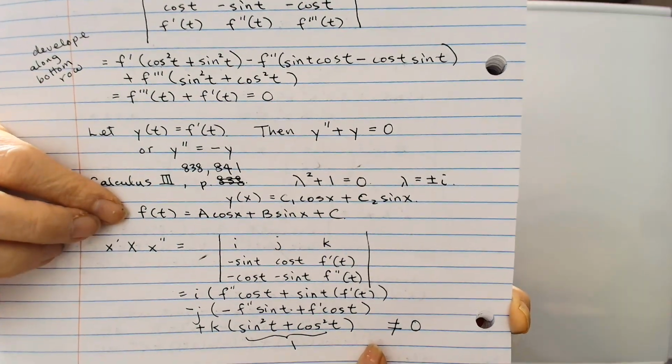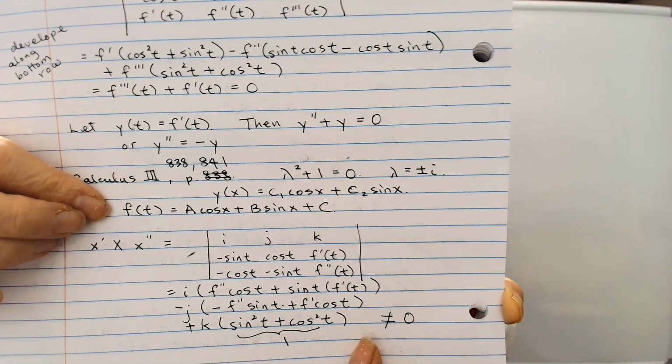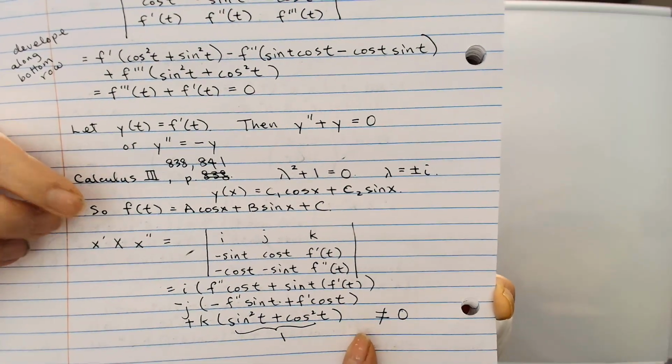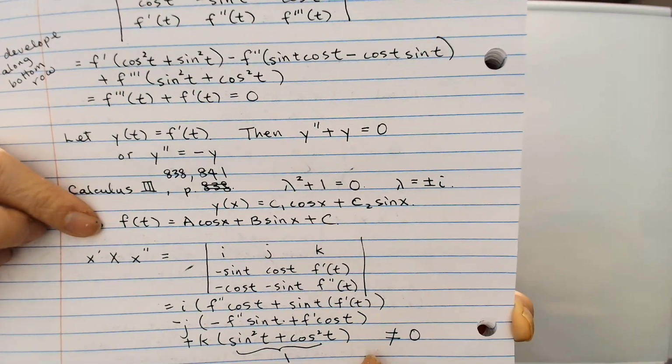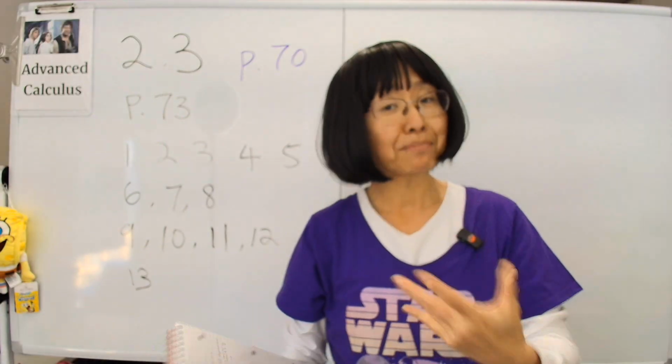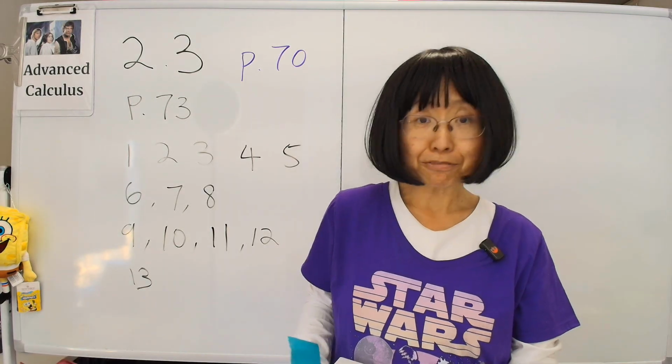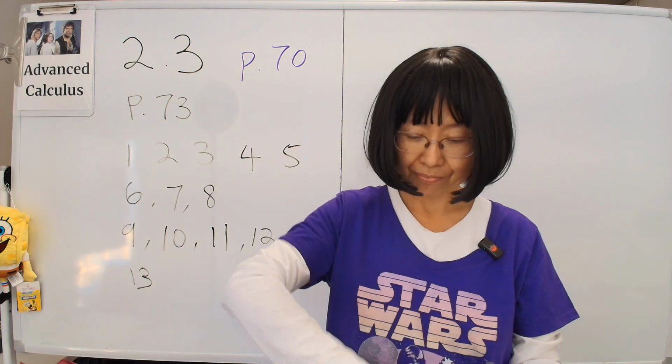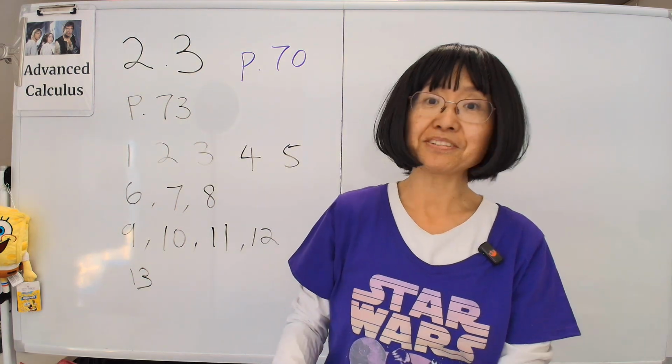Integrating cosine and sine, you get the same thing, except that now you have another constant. So f of t is equal to a linear combination of cosine and sine plus a constant, and that would be good enough. And we have come to the end of this section.